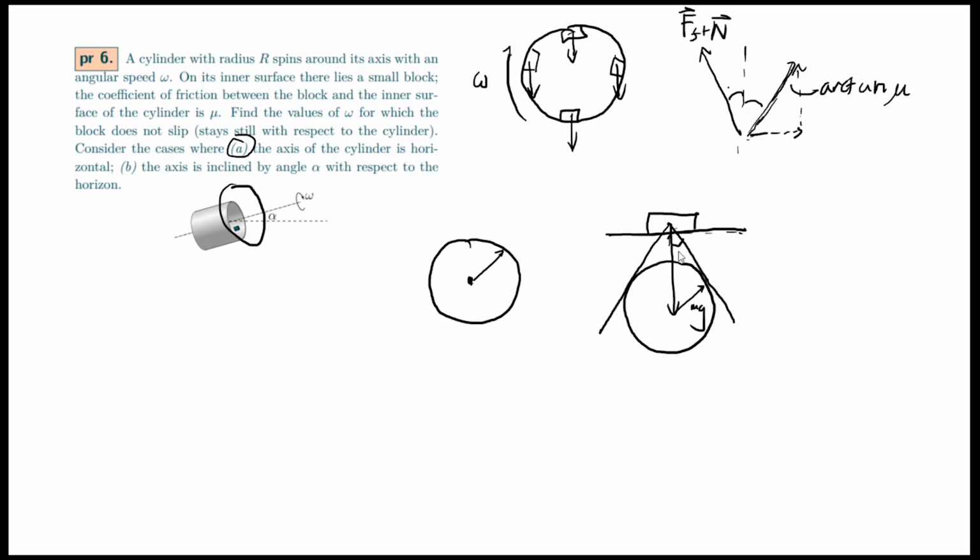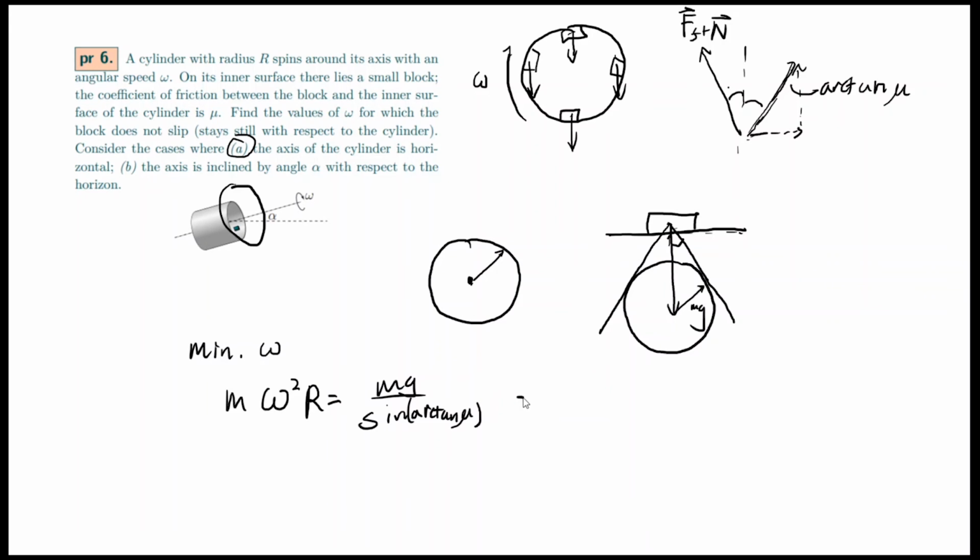omega squared r is going to be mg divided by sine of this angle here, which is arctan mu. So m omega squared r is equal to mg over sine of arctan mu. And this is for minimum omega.